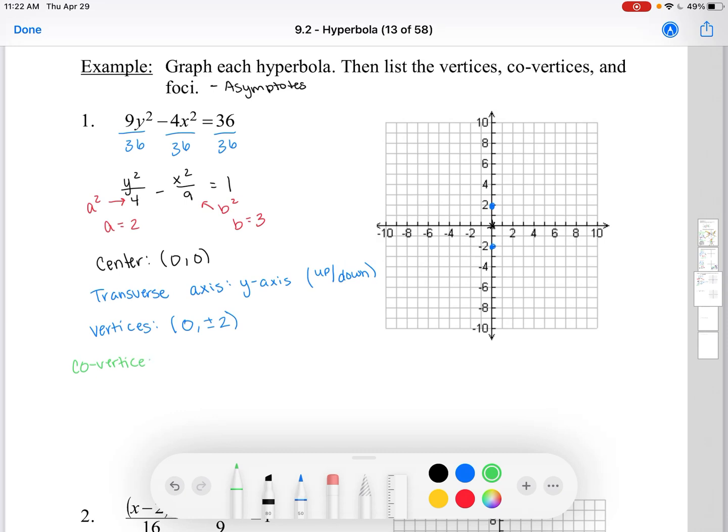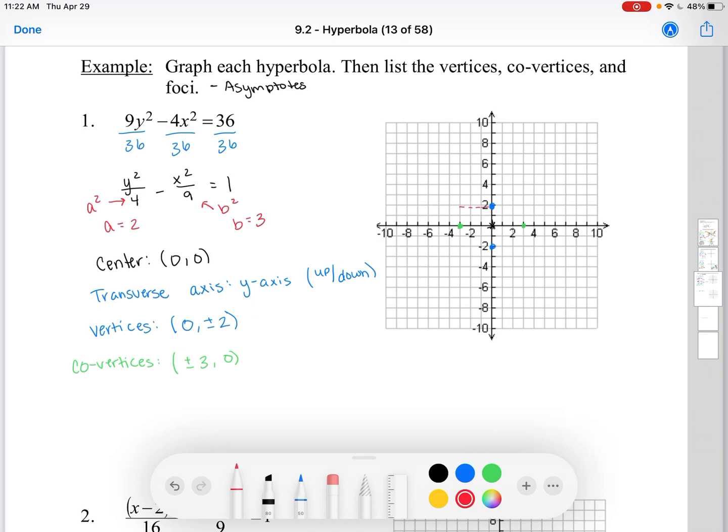Then I have co-vertices. I just took care of my a value pertaining to y. So now my co-vertices are going to pertain to my x value with b, and that's going to be plus or minus 3. Right? So again, I understand the bigger of the two numbers this time was b. However, with a hyperbola, we're always just noticing that a squared is whatever fraction, whatever denominator is first.